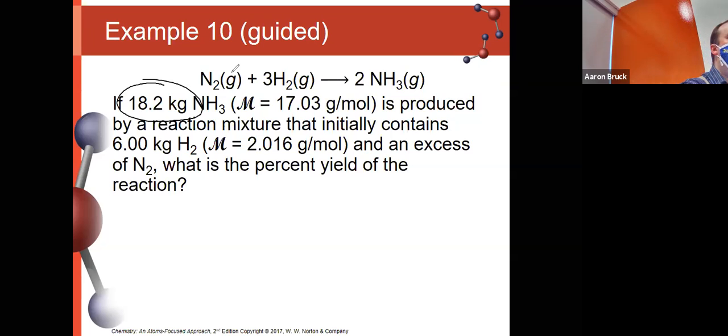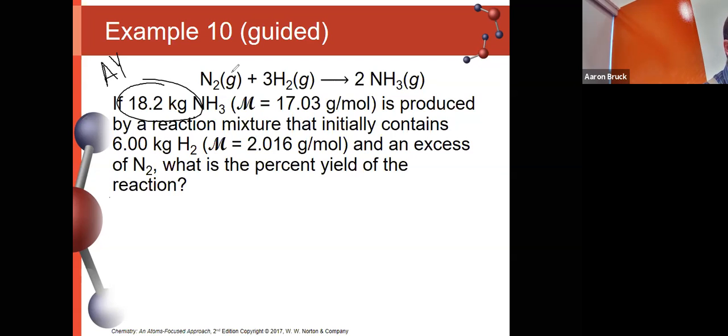This would imply an actual yield, not a theoretical, an actual. We did the experiment. This is what we got. To find percent yield, what we need is actual yield and theoretical. To get to theoretical, we're going to have to do some stoichiometry.